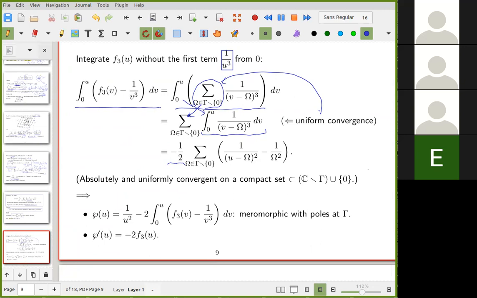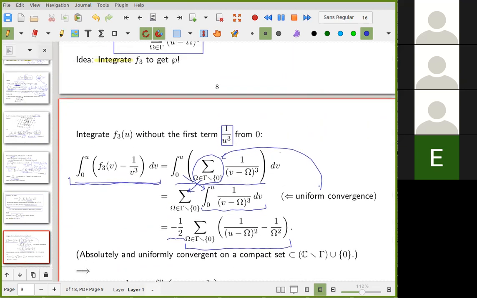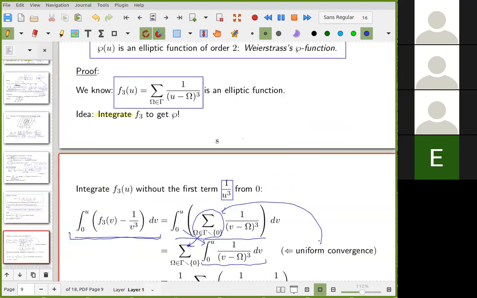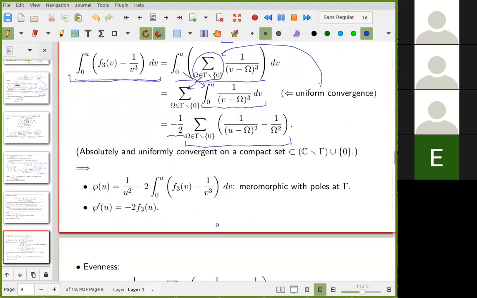So, since we have obtained this part as an integral, this expression can be written in this way. And the integrand is a meromorphic function, so this part is, of course, meromorphic.